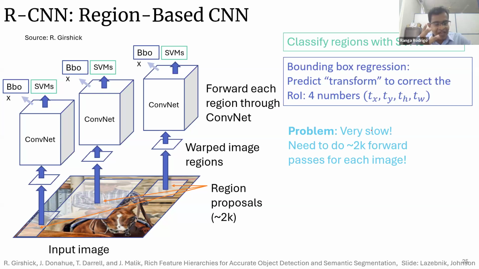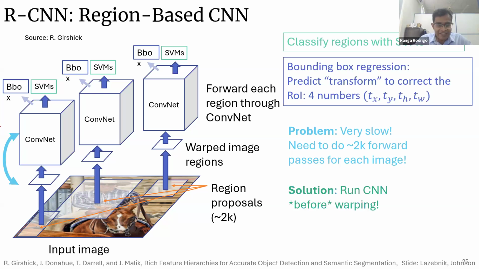The problem with RCNN is that every single region proposal had to be forward passed through the convolutional neural network. 2000 convolutional neural network passes is very slow. So people thought about what to do. The solution is to switch these two: run the convolutional neural network once on the image, and from the output, map the region proposals to it and extract the features.